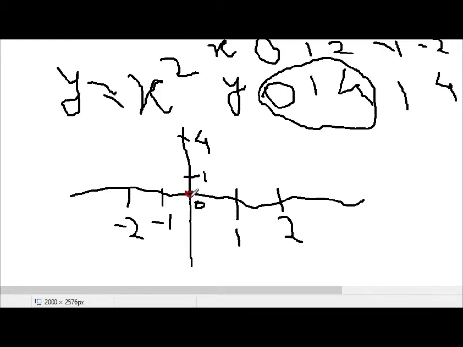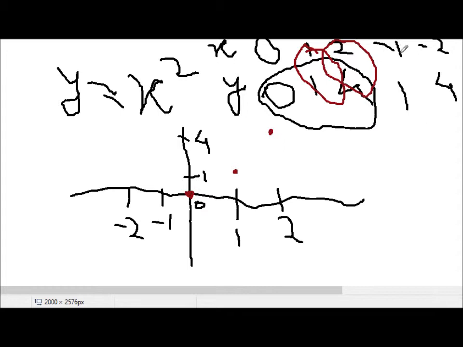This is the first point for the first pair. The second pair is 1, 1. So 1 on the x-axis here and 1 on the y-axis here. So they correspond here. Then the third is 2 and 4. 2 on the x-axis goes here until the 4. So 2 and 4 correspond here.